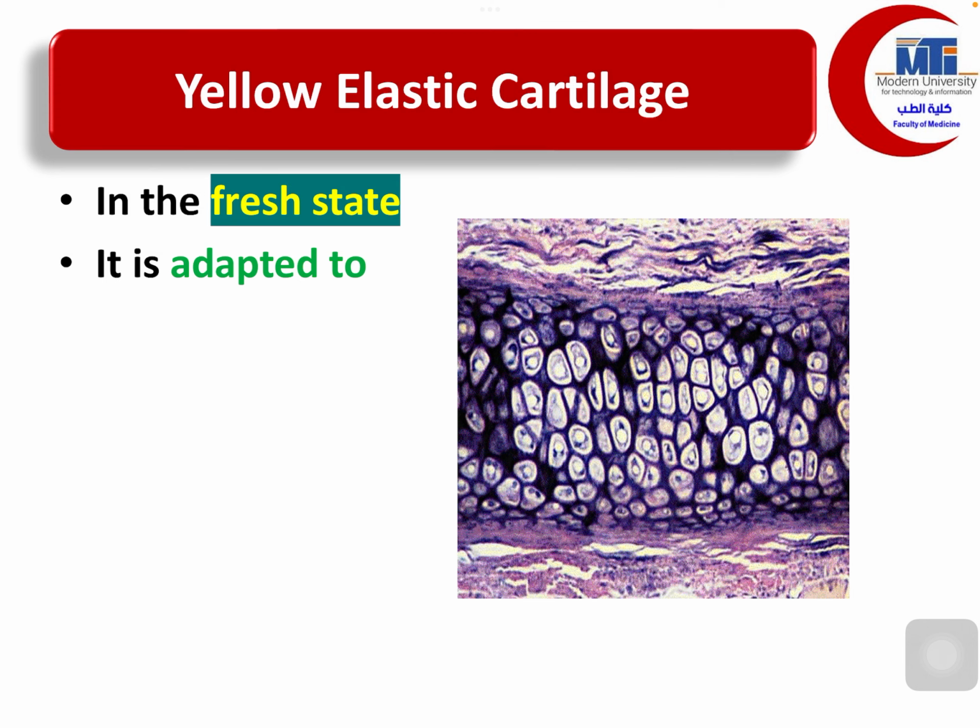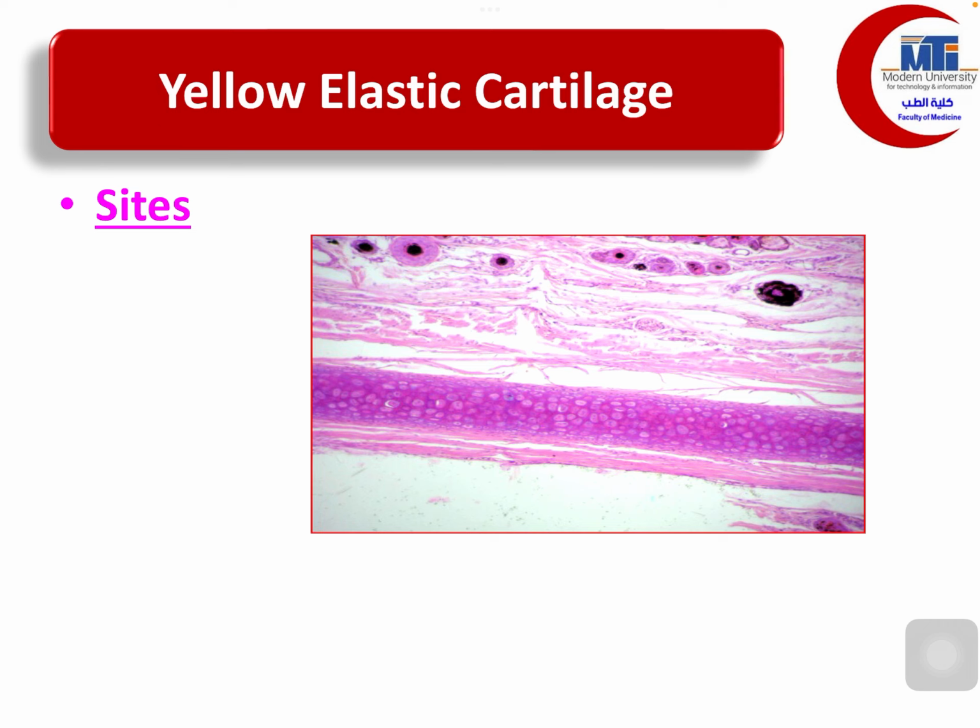We can see the yellow elastic cartilage in the ear pinna. If you start pushing your ear pinna with your fingers, it returns to its original state because of the presence of the elastic fibers inside the yellow elastic cartilage within the ear pinna.